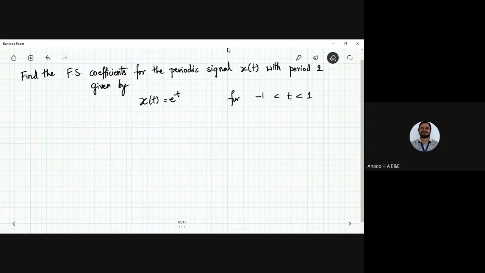So x of t is defined with a period that is minus 1 to plus 1.